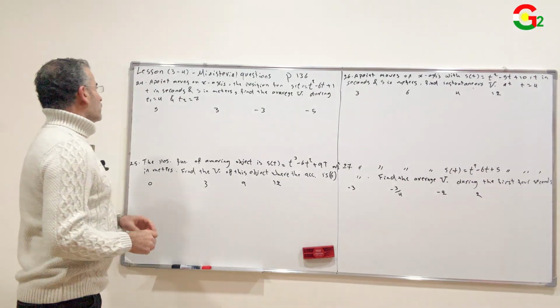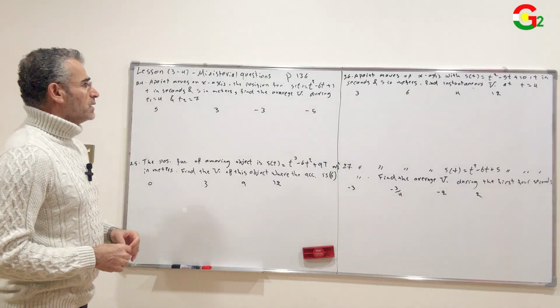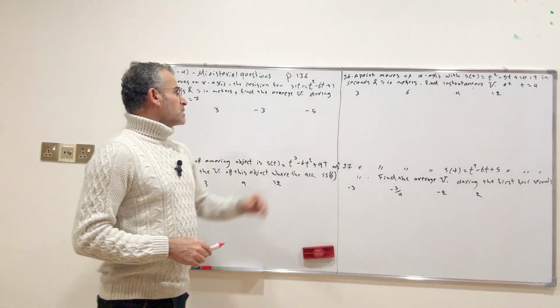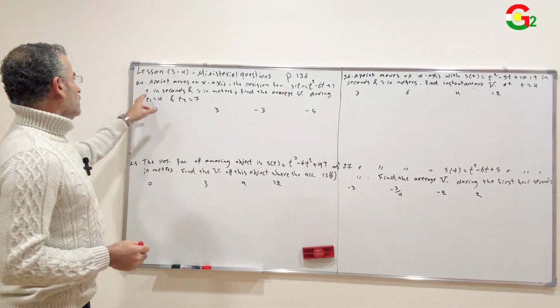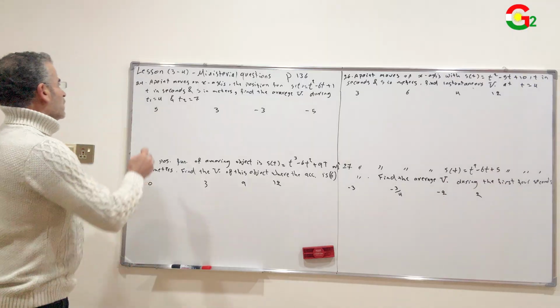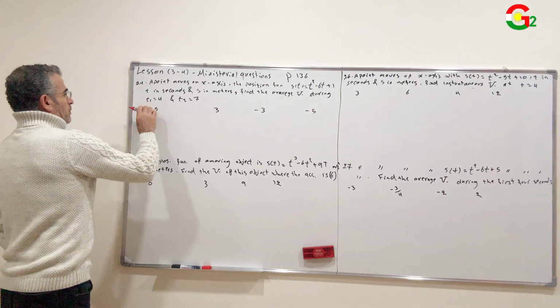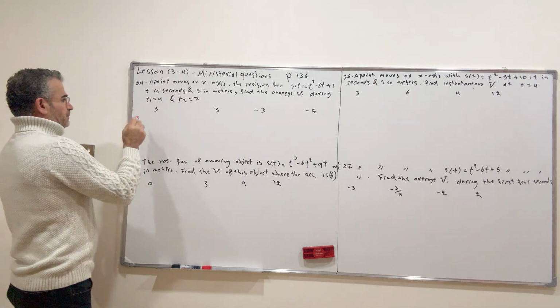Question number 24. A point moves on the x-axis. The position function of it is s of t equals t squared minus 6t plus 1, t in seconds, s in meters. Find the average velocity during this period, t1 equals 4 and t2 equals 7.